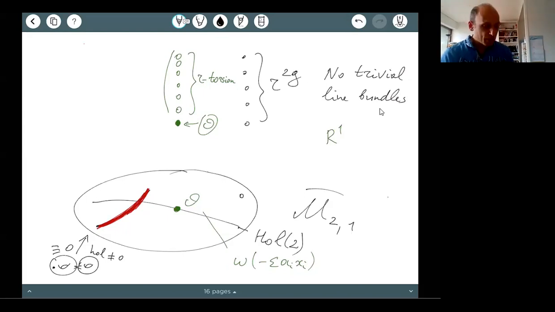So now, I want to find an rth root of this line bundle that has a section.